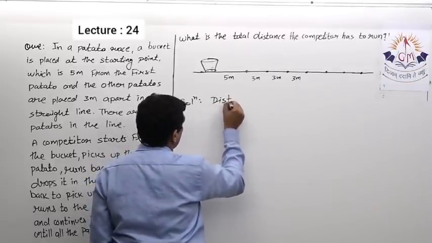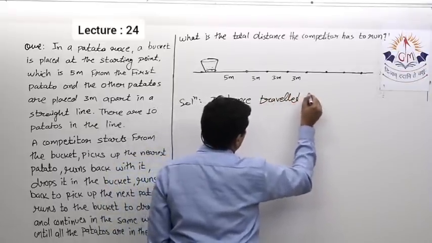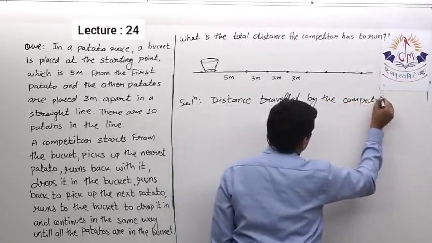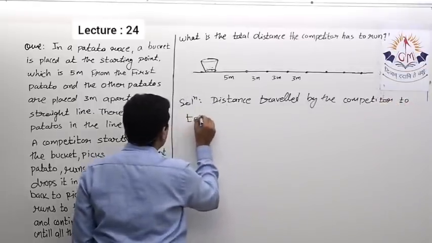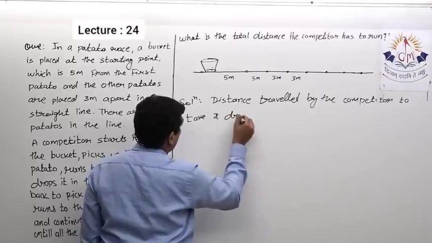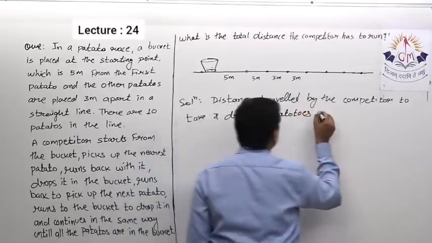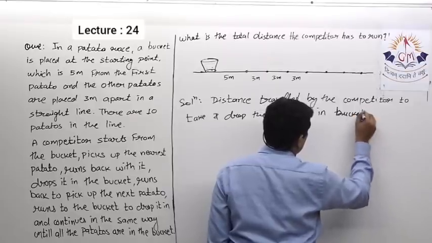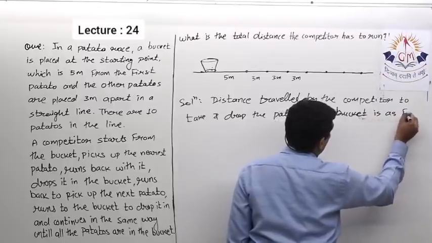Okay, so distance traveled by the competitor to take and drop the potatoes in the bucket is as follows.